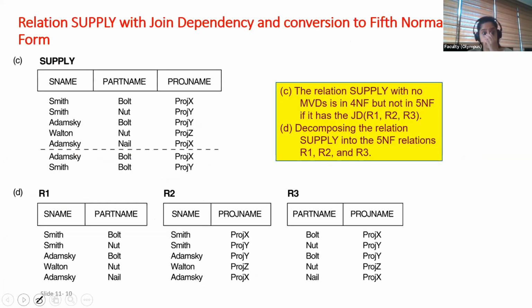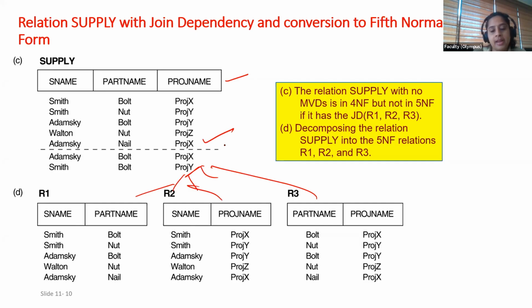So now, a simple example. See here, there is no rule for how you need to break it. You just have to break it by trial and error, so that when you join all these three tables, you get the supply table.